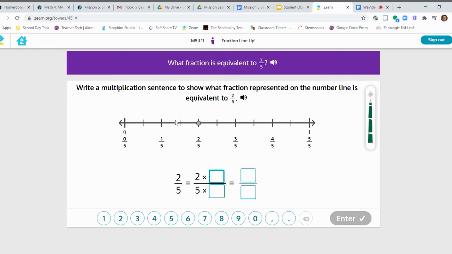So between each of the bigger marks, we split it in two pieces. That's going to tell me I'm going to multiply times 2 for each of those. Because again, there's a piece, there's a piece. So I multiplied times 2, and 2 times 2 is 4. 5 times 2 is 10.